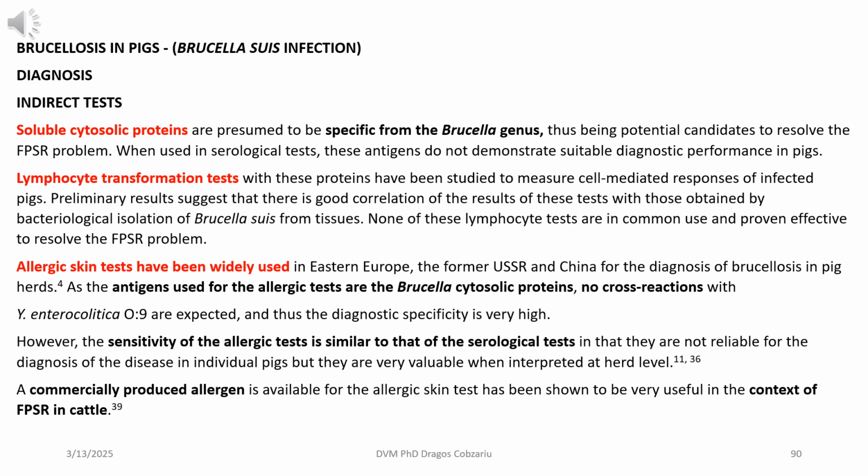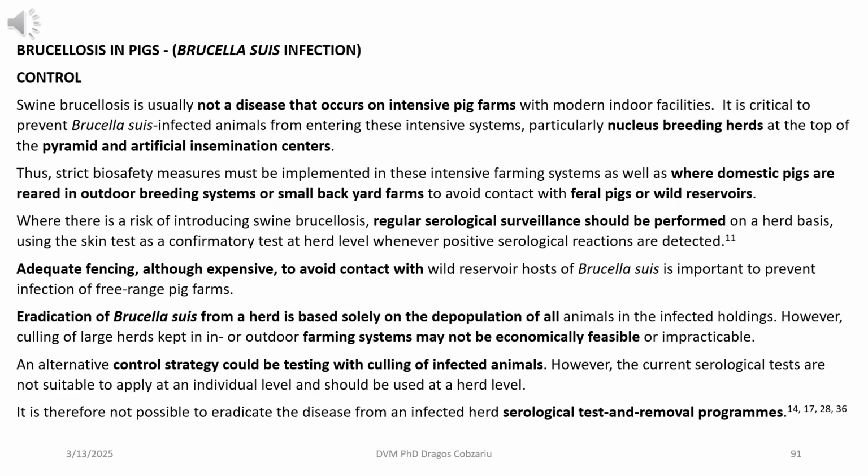However, the sensitivity of the allergic tests is similar to that of the serological tests in that they are not reliable for the diagnosis of the disease in individual pigs, but they are very valuable when interpreted at herd level. A commercially produced allergen is available for the allergic skin test and has been shown to be very useful in the context of FPSR in cattle control.